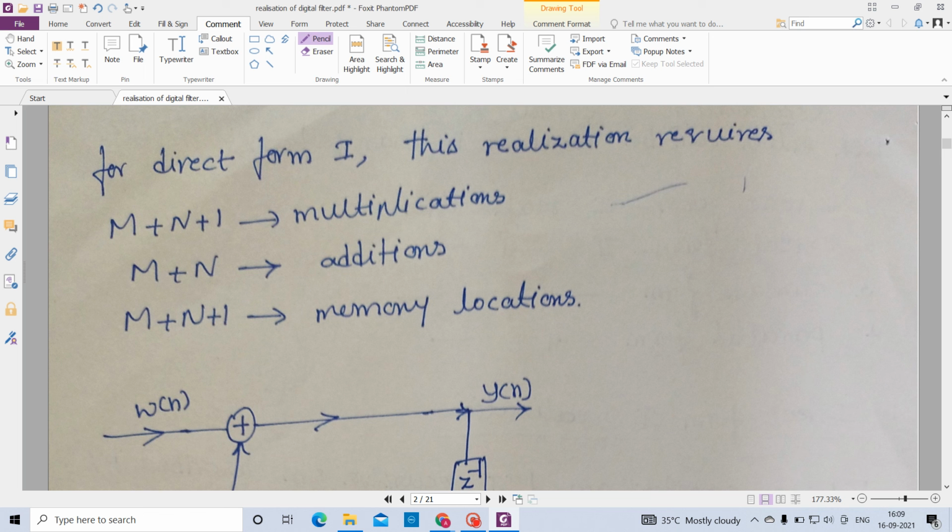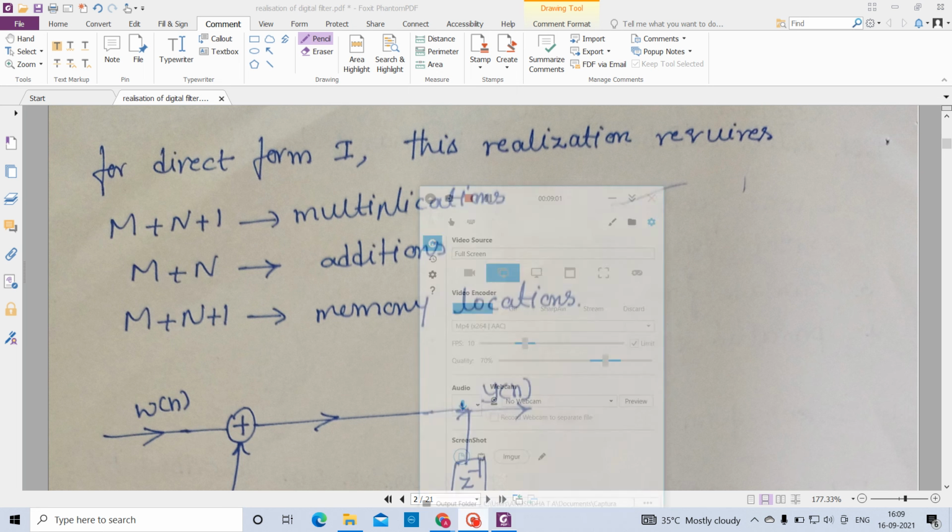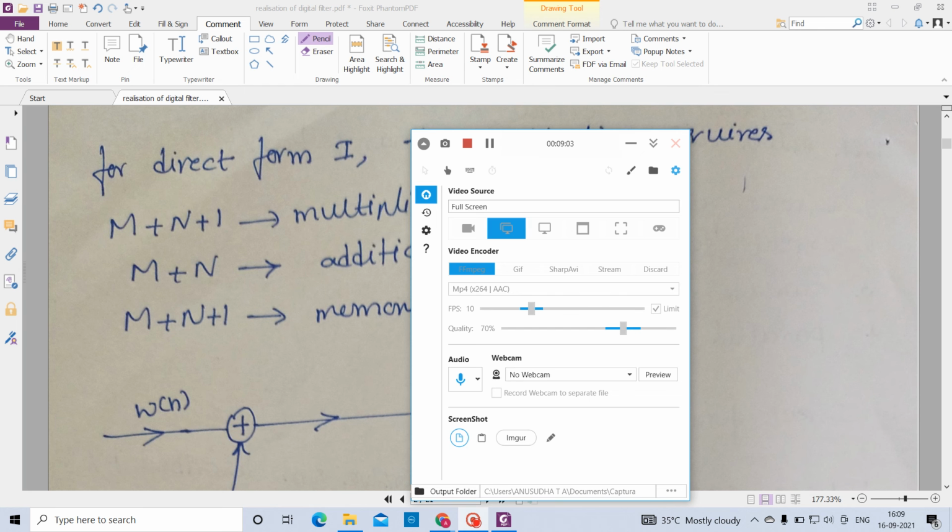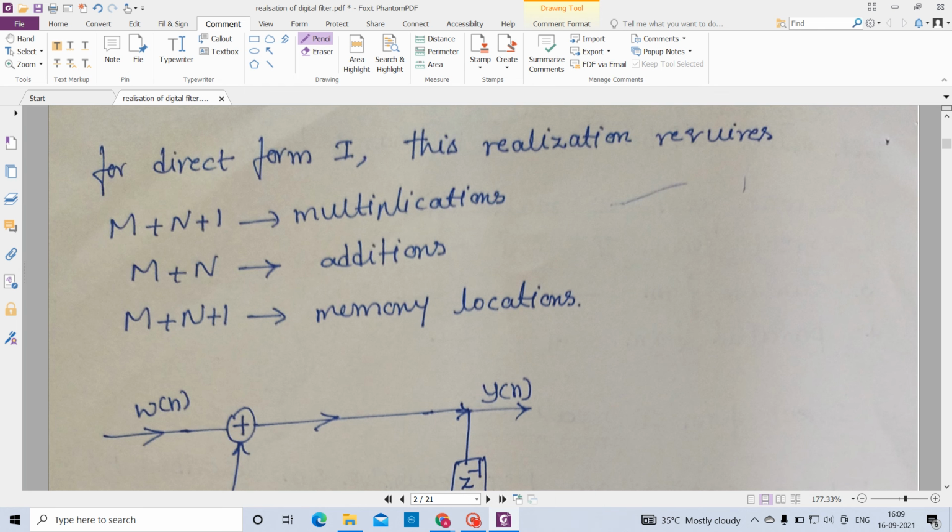As I said before, m is the number of zeros and n is the number of poles, right? So m plus n plus 1 gives the total number of multiplications. The number of multiplications and additions depends entirely on the number of poles and zeros in the given transfer function.